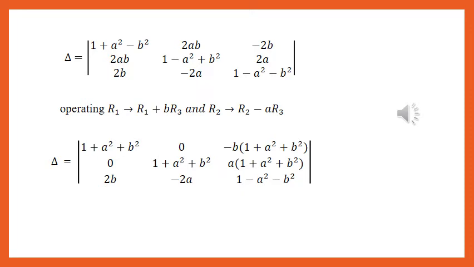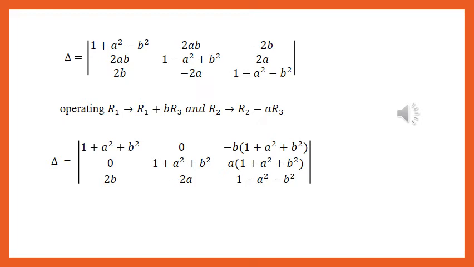Now, similarly, let's see how we can get 1 plus a square plus b square along R2. For that, you may multiply R3 elements with a. Then you do R2 minus aR3. The first element of row 3 is 2b. Multiply with a. Then 2ab. Then R2 element subtract.